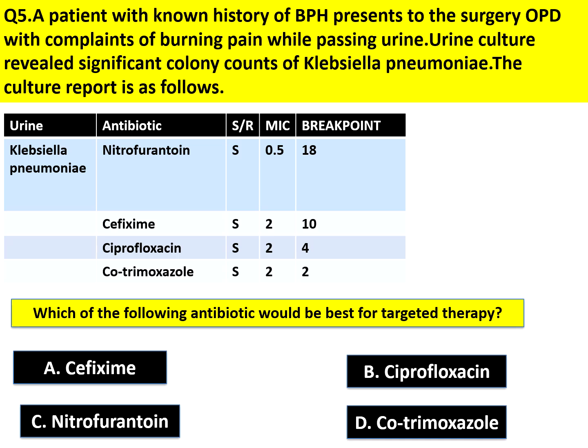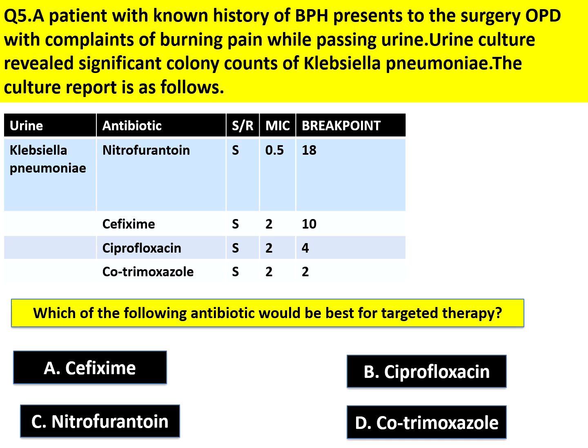So which of the following antibiotics would be best for targeted therapy here? Among these four, which one is readily available in the urinary tract? All these four are readily available. Next point to consider, whether any local inhibitors are present or not. No local inhibitors are present in the urinary tract against these antibiotics.